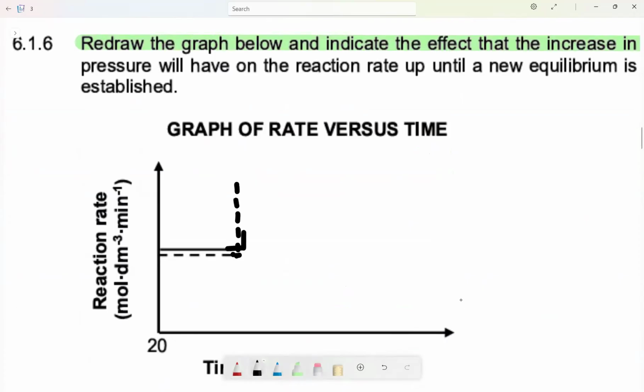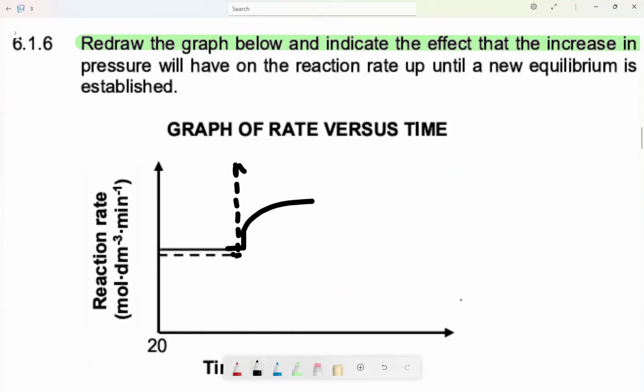Where is the forward reaction? Here is the solid one. It will increase like that. But what will happen to the reverse reaction? Since we have fewer products, the reverse reaction rate will be low, because there will be fewer products to form back reactants, meaning the rate will decrease.